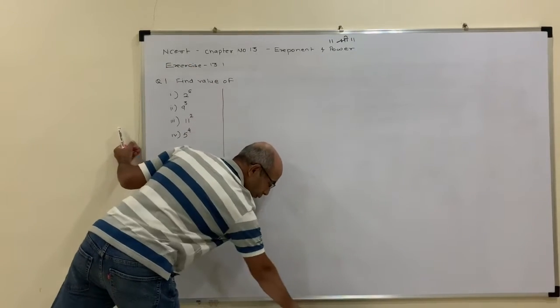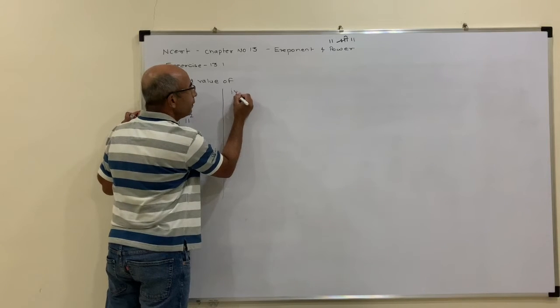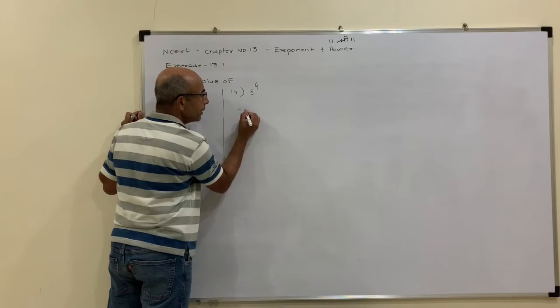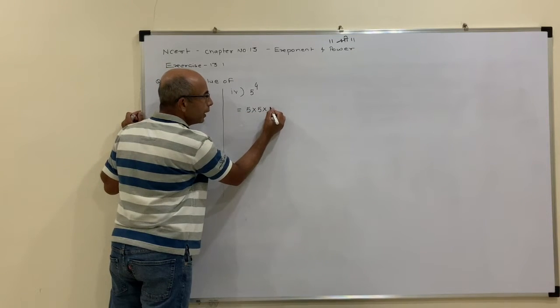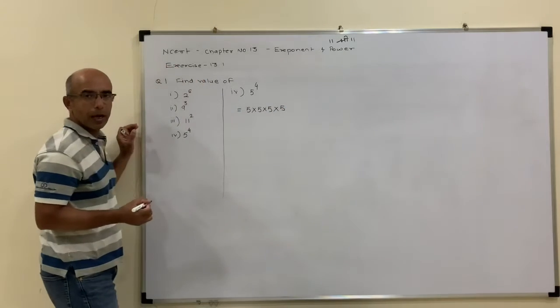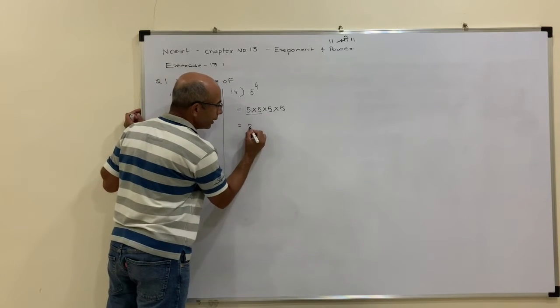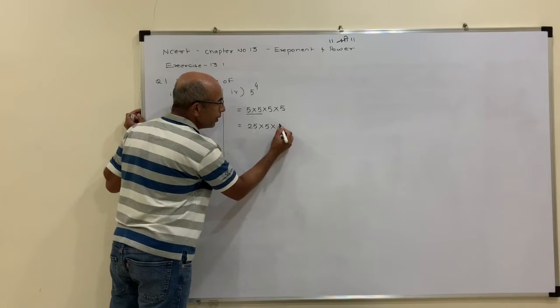So now let's move on to the fourth problem. We need to find 5 raised to the power 4. So 5 will be multiplied by itself, 5 into 5 into 5 into 5. Again, as I mentioned before, first do one step: 25 into 5 into 5.